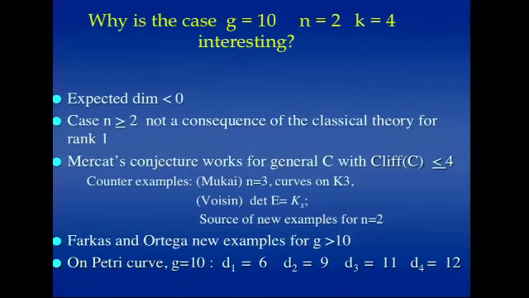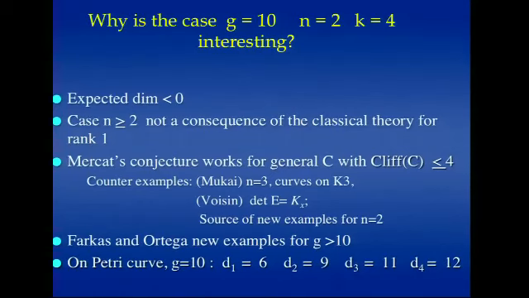Also, Mercat's conjecture is in this neighborhood. For the Clifford index, if you calculate it to be smaller or equal to 4, it has counterexamples in there. So in this neighborhood in the Brill-Noether locus, you have counterexamples for existence.